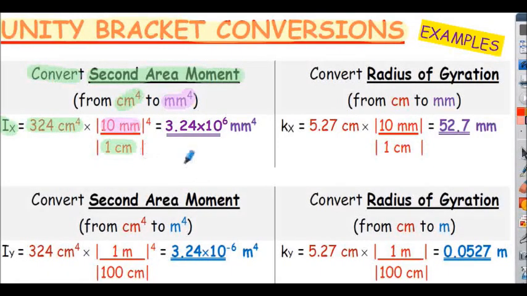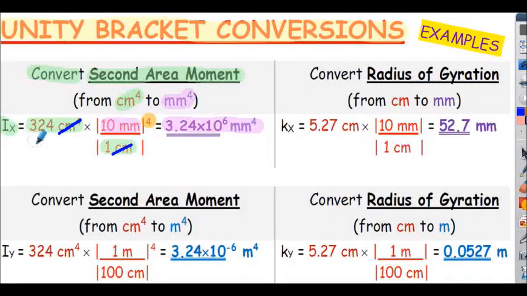Because this unit is raised to the power of 4, then we raise the unity bracket to the power of 4. They're also referred to as cancelling unity brackets. So that's why the centimetre is in the denominator of the bracket that's raised to the power of 4. And that cancels with the centimetres to the 4 here in the numerator. So our final value would be 324 multiplied by 10 to the power of 4. And that gives us a value of 3.24 times 10 to the 6 millimetres to the 4.